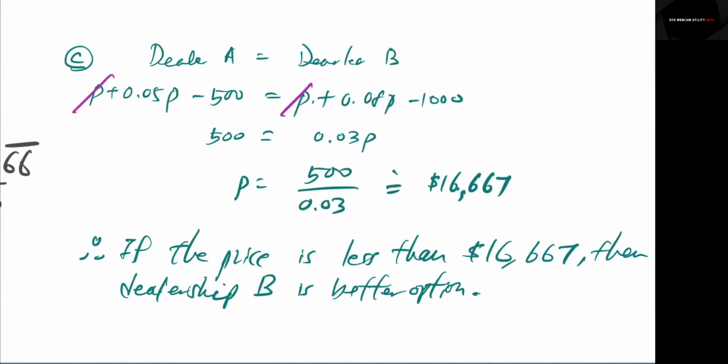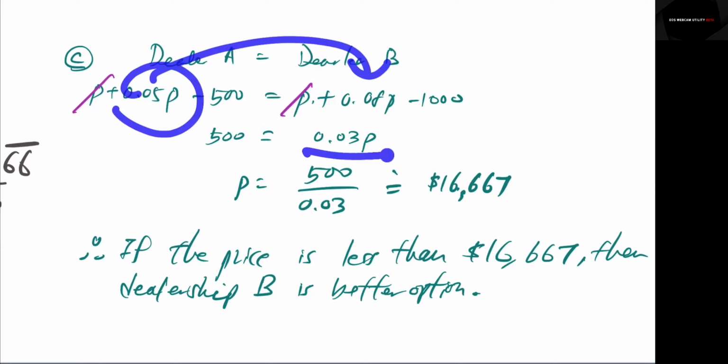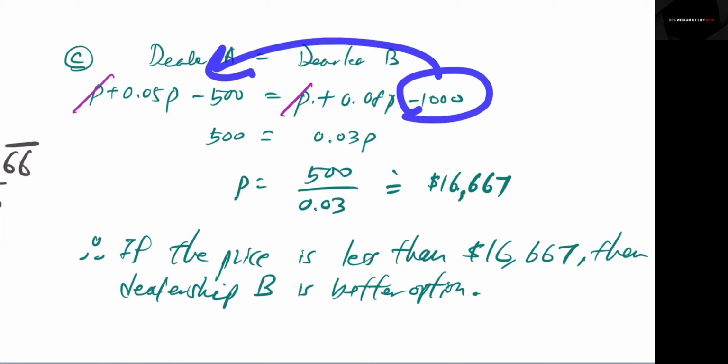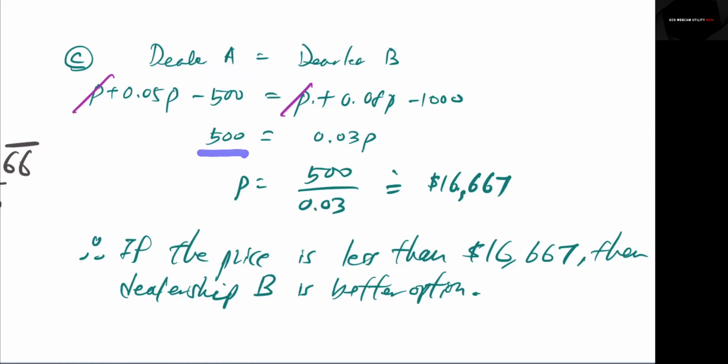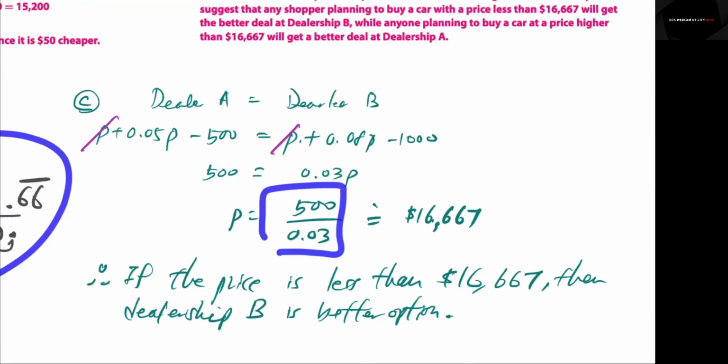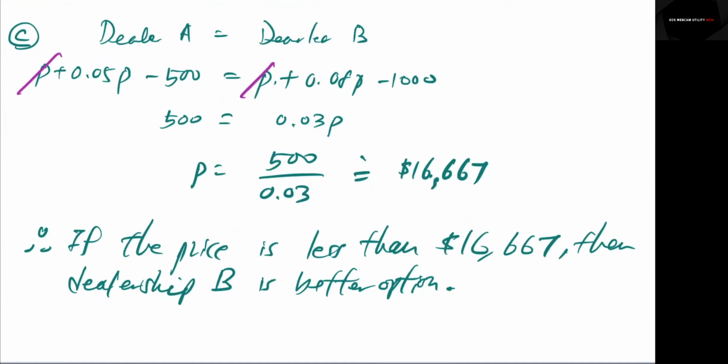Without combining these two, you could cancel out the P. When you solve for that, when we move this way, that gives you 0.03P. You add 1,000 to both sides, which gives 500. When you do this, and I did the long division over here, it gives you $16,667, rounded to the nearest dollar, is when you pay the same amount.